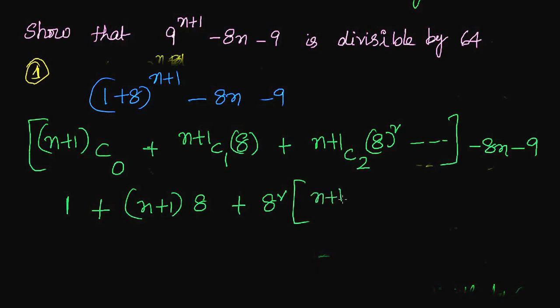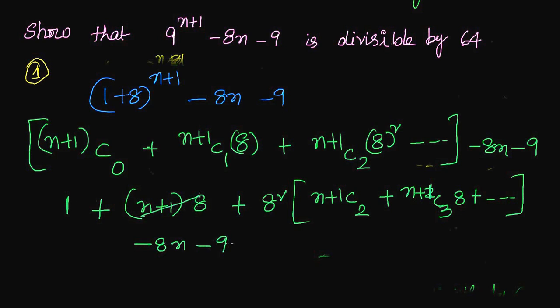So this becomes (n plus 1)C2 plus (n plus 1)C3 into 8 and so on, minus 8n minus 9. You can check here, 8n plus 8 plus 1 is 8n plus 9, so this whole thing cancels.